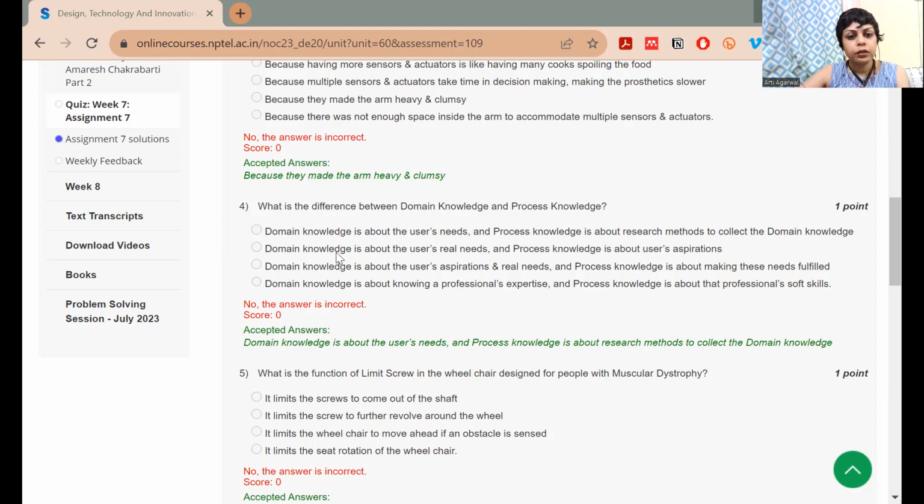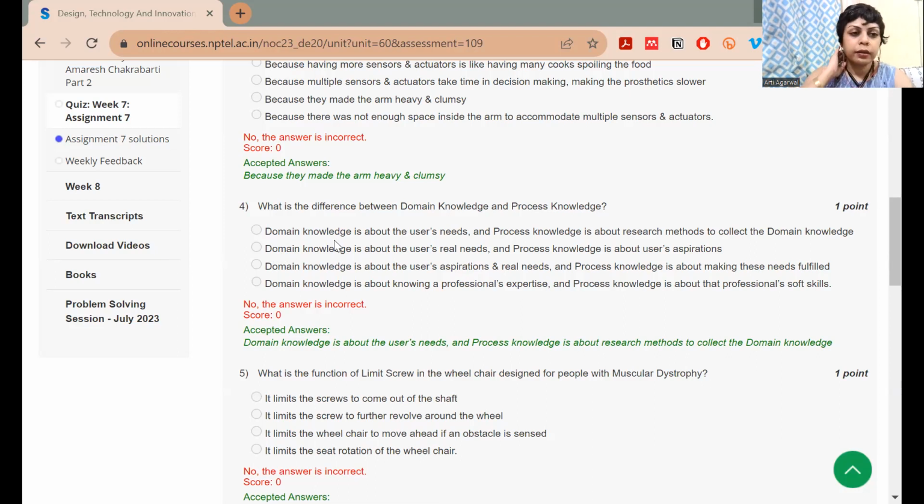Second option is domain knowledge is about the user's real needs, and process knowledge is about users' aspirations. Third option is domain knowledge is about the user's aspirations and real needs, and process knowledge is about making these needs fulfilled. Fourth option is domain knowledge is about knowing a professional's expertise, and process knowledge is about that professional's soft skills.